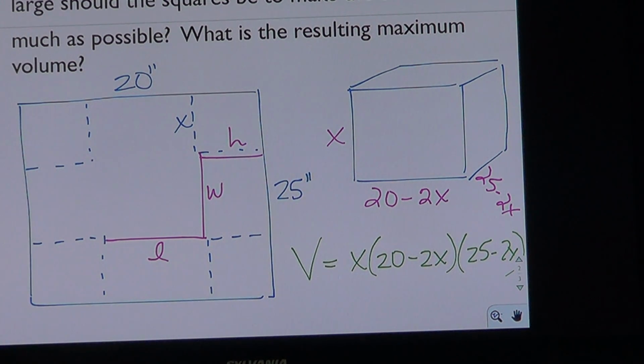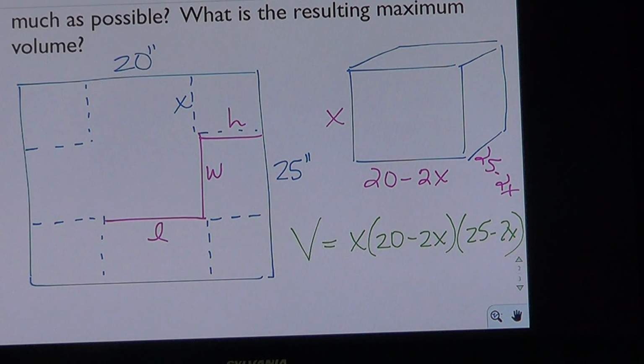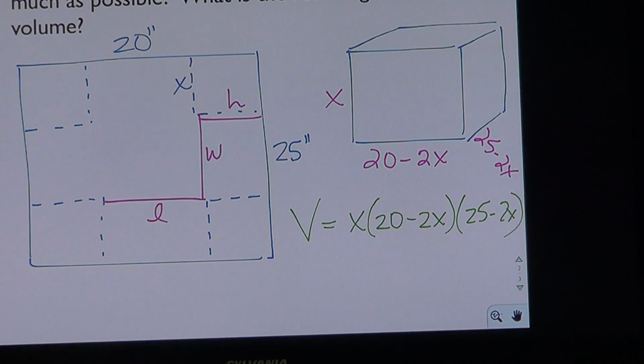We could graph it on our calculator to figure out generally what that's going to look like. We also need to figure out what the domain of this function is. So the x is the amount that I'm going to cut out from the sides. What's the smallest that could be?